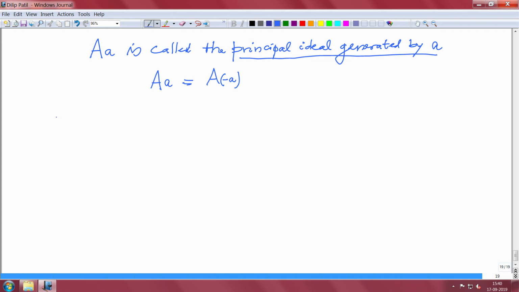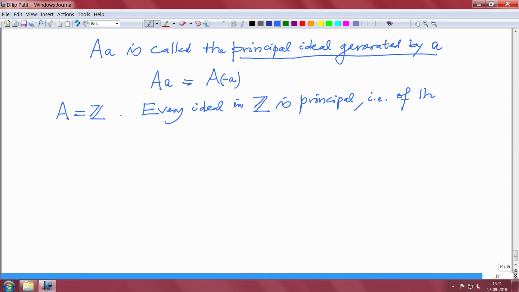Okay. So, now you specialize A equal to Z, then in fact we can prove something stronger than this: every ideal in Z is principal, that is of the form Z times some n, and we may assume that n is actually a natural number.